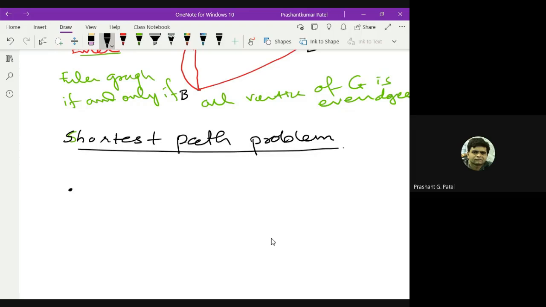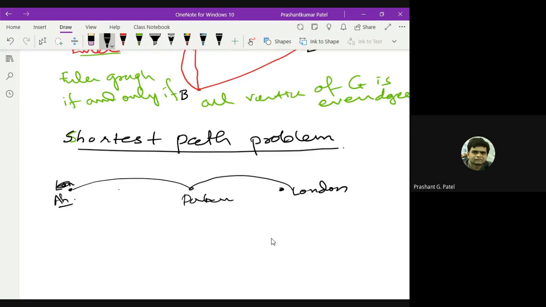Suppose I want to travel from Ahmedabad to London, and you are searching on the internet, my journey starts from Ahmedabad and ends at London. How will the search engine work so that it gives you a shortest path? Maybe a flight reaches first to Dubai and then to London, and so on.